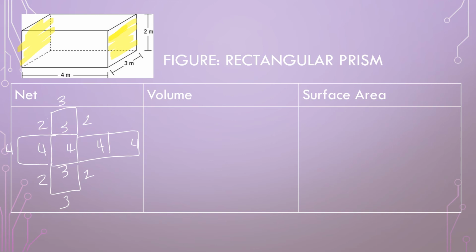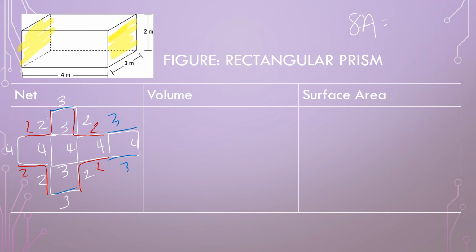So then we have 2 here, 2 here. We got 2 and 2, same thing here. And then we have 3 here, 3 here, 3 here, 3 here. Okay, so I'm going to do surface area first because that's what I did first.